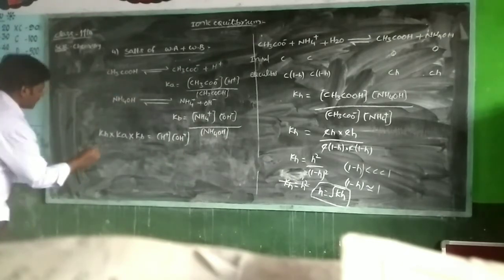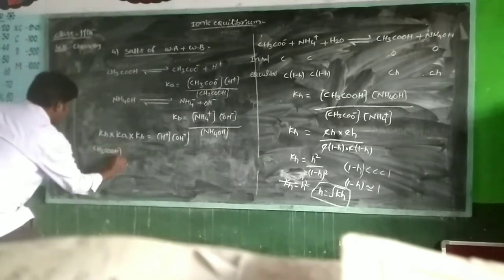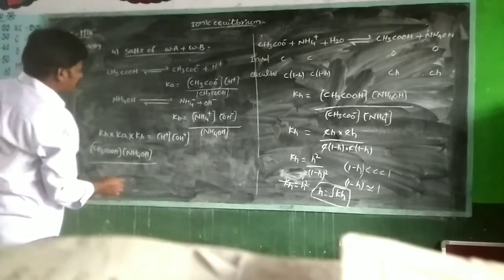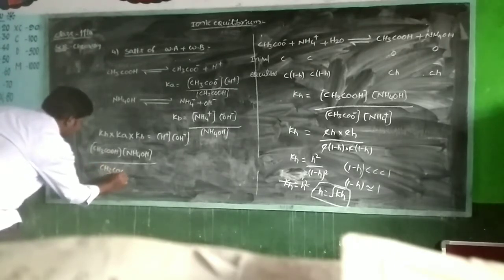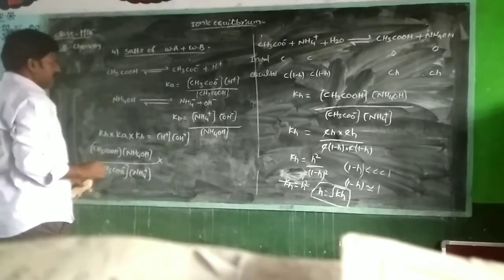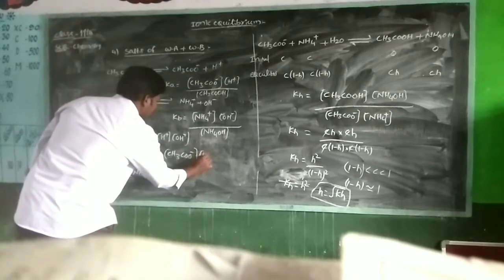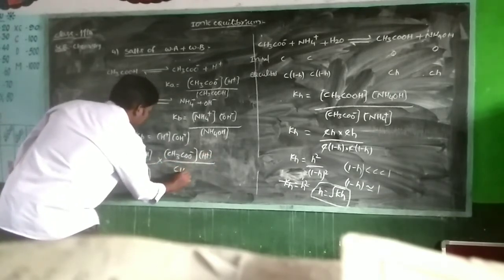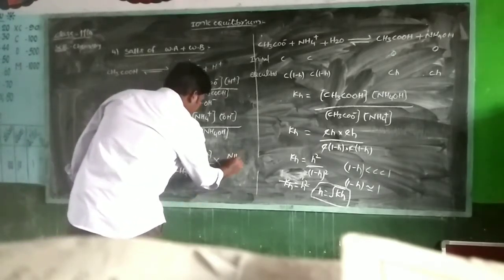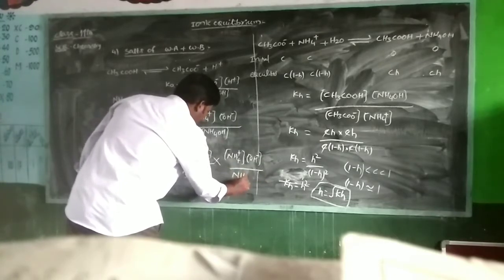KH we can write as the CH3COOH and NH4OH concentration upon the CH3COO minus and NH4 plus concentration, into Ka, which is CH3COO minus and H plus concentration upon CH3COOH, and into Kb, which is NH4 plus and OH minus concentration upon NH4OH.